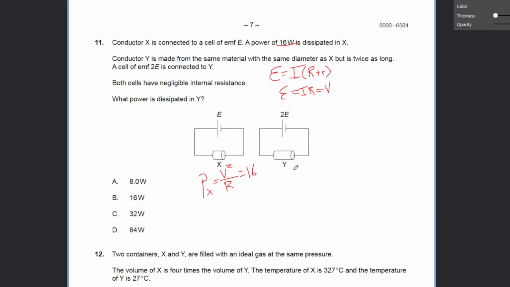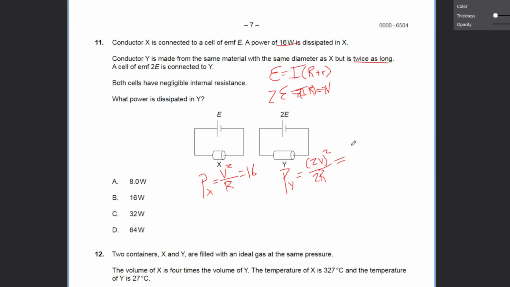Now the power dissipated in Y is going to be P sub Y is equal to 2V squared, because we have 2E, so 2 here would equal 2 everywhere, so 2V. And then that is over 2R, because we have twice as long, so we multiply by 2.